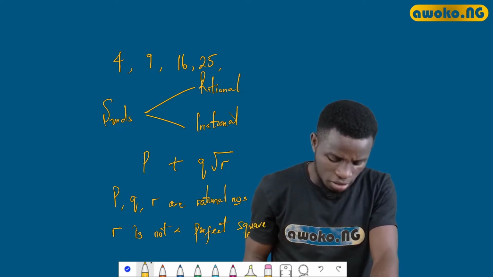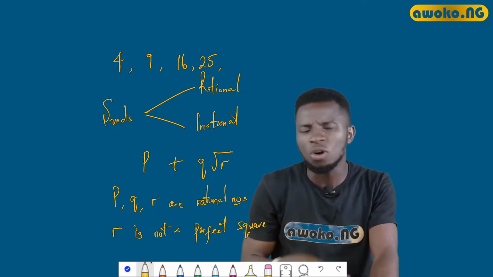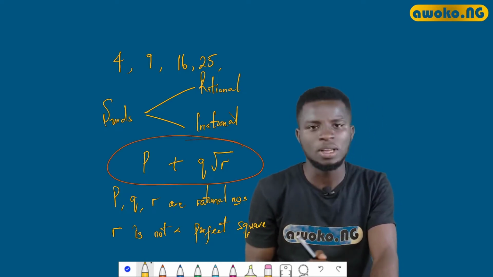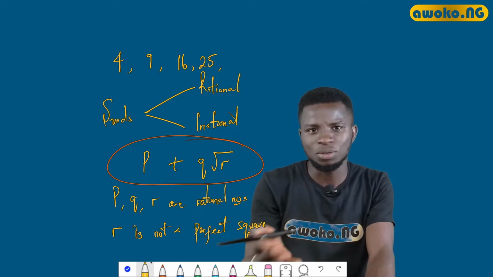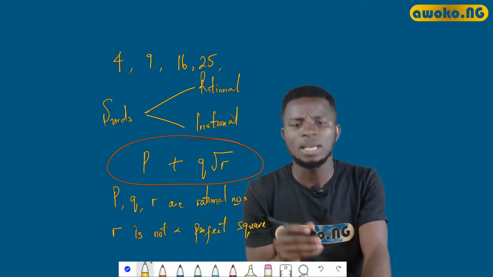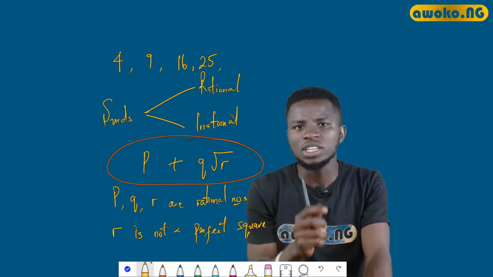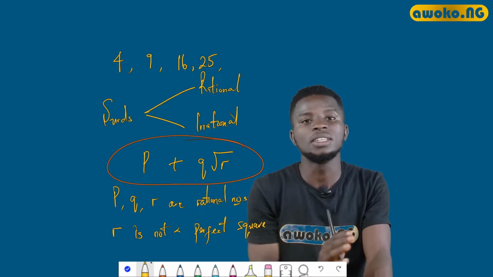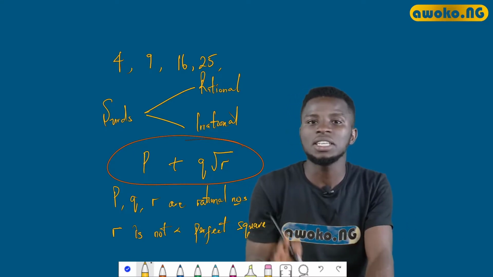So whenever we have a particular expression or equation, as the case may be, with this particular form, then we say that we are dealing with surds. It should be noted that P is the rational part. I said surds are divided into two parts, the rational and the irrational part.